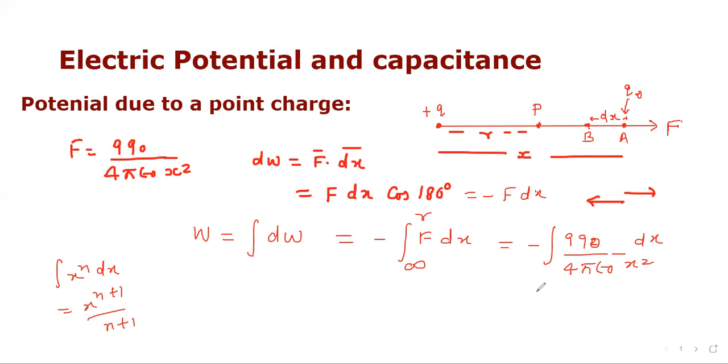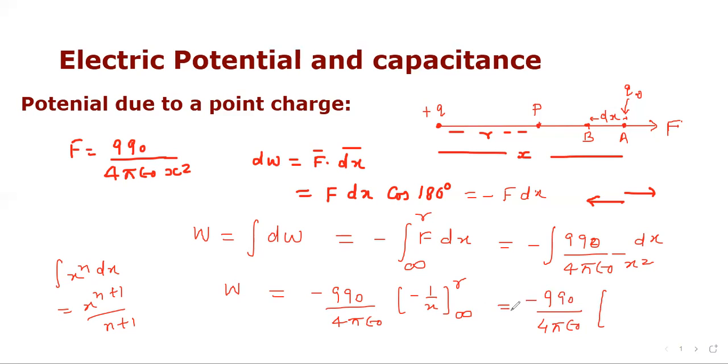Here n will be minus 2, so we can write W equal to minus Q Q0 divided by 4 pi epsilon naught, and this will become, with n equal to minus 2, x power minus 1 upon minus 1, so it will become minus 1 upon x, with limits infinity to R. Now it will become minus Q Q0 divided by 4 pi epsilon naught, and from here we can take this minus sign out, so it will become 1 upon R minus 1 upon infinity, and we know that 1 upon infinity is 0, so ultimately we get Q Q0 divided by 4 pi epsilon naught R. So this is the work done.